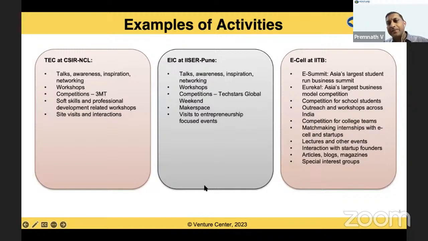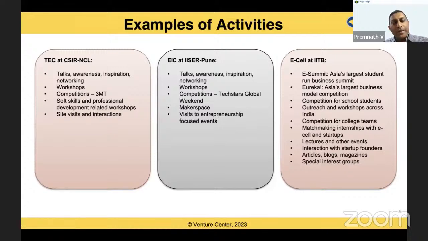So let's just look at these three, and let's look at what kind of events and activities they've been running, right? So the Technology and Entrepreneurship Club at NCL, the focus has been on talks, awareness, inspiration, some amount of networking, some amount of workshops, some amount of soft skills and professional development related events, some competitions.